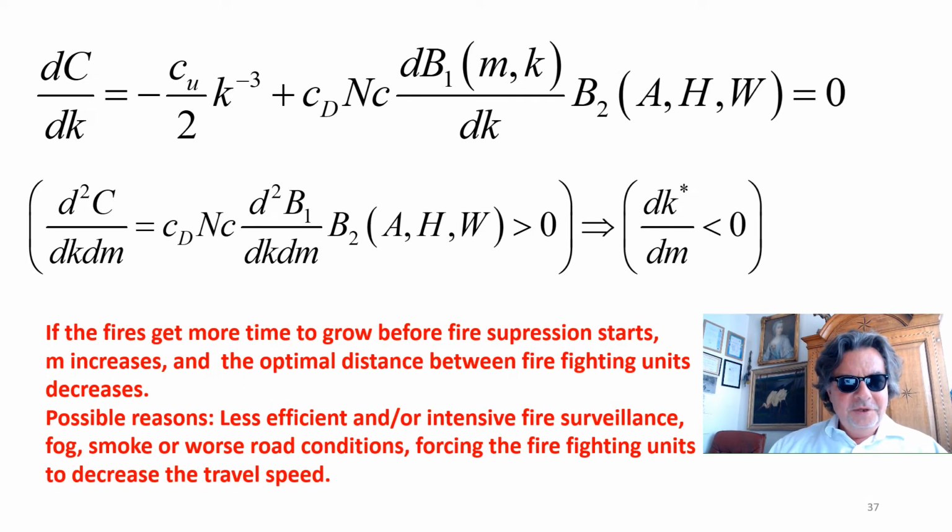If the fires get more time to grow before the fire suppression starts, m increases, and the optimal distance between firefighting units decreases. Possible reasons: less efficient and/or intensive fire surveillance, fog, smoke or worse road conditions, forcing the firefighting units to decrease the travel speed.